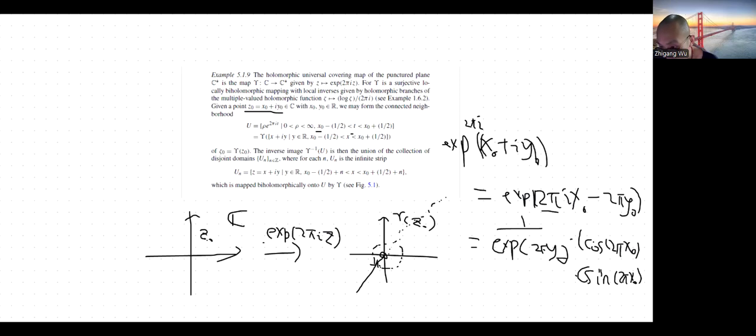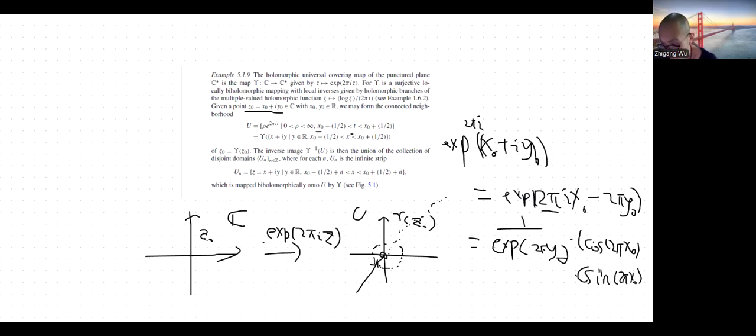The inverse image gamma inverse of U is then the union of a collection of disjoint domains. For each n, U n is mapped holomorphically onto U by gamma.